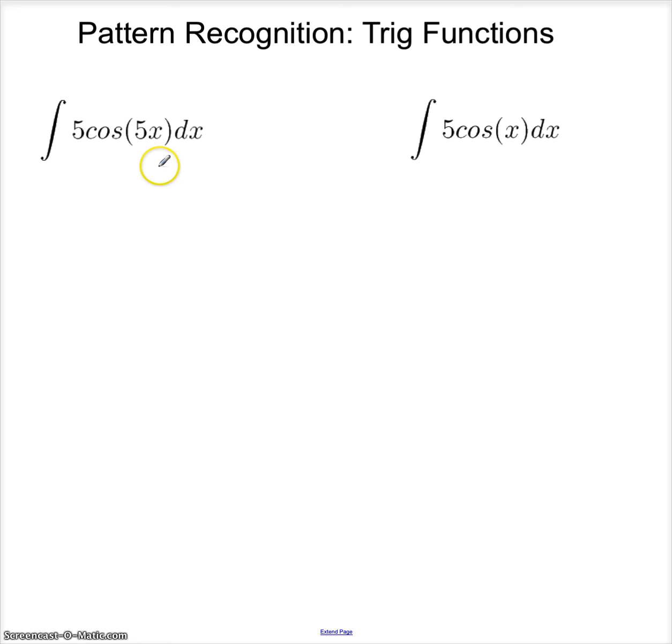Now what do you do when you have trig functions? Well, you see here, let's let cosine of 5x be my outside function. And then let g of x equal 5x.